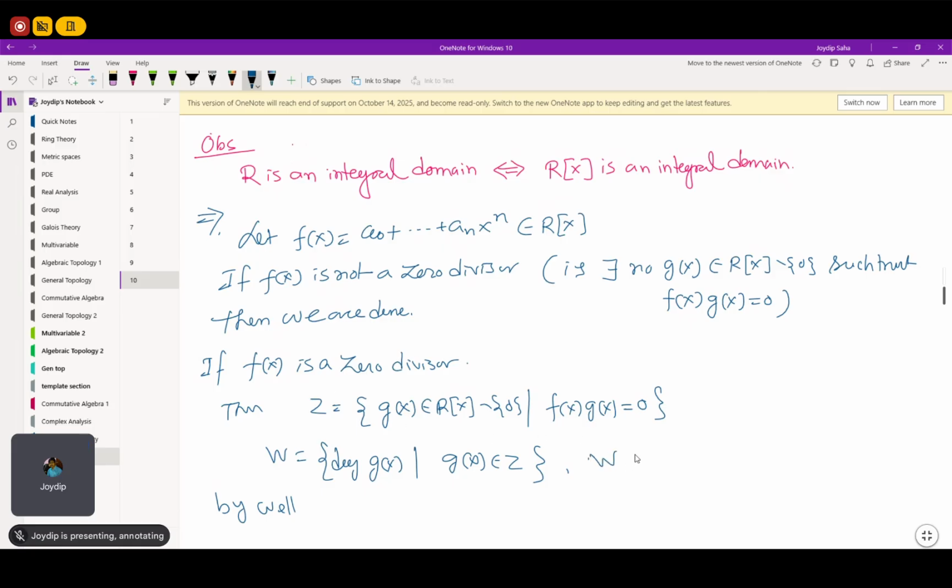W is a subset of the natural numbers union 0, because it can happen that the degree is 0.